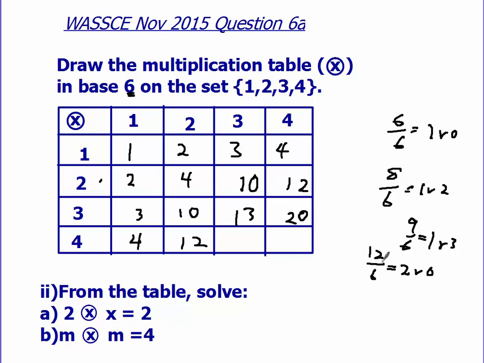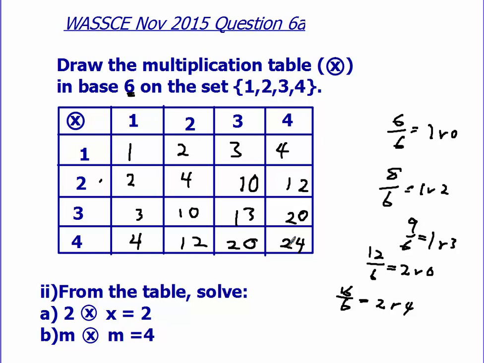Now 12 divided by 6, that is 2 remainder 0. So it's going to give us 0, then 2. Then the last one, 4 times 4, remember, is 16. 16 divided by 6 is 2 remainder 4. Right, so the remainder being 4, and then this is 2. Yes, I hope you got it.